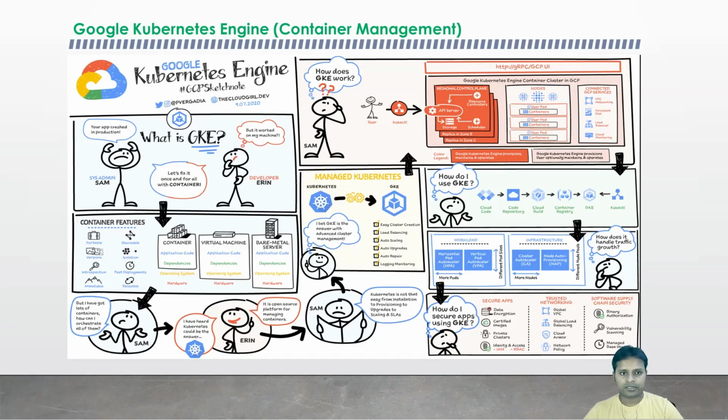Okay. Now let's look into this particular architecture. I mean, in this particular graphic, how Kubernetes is working. Okay. Before I'm moving forward, let me know if anyone has any sort of questions, any concern.